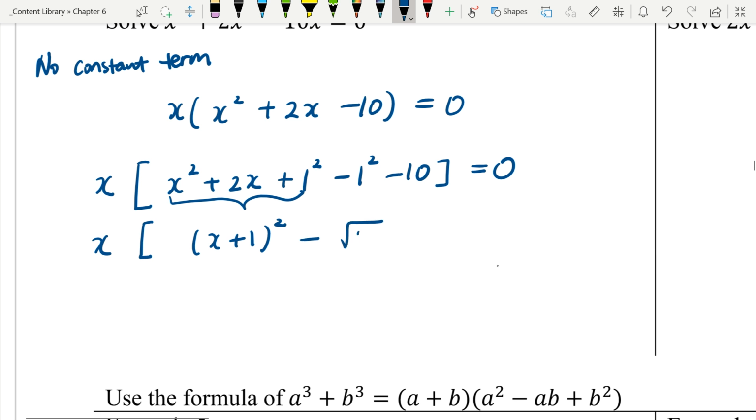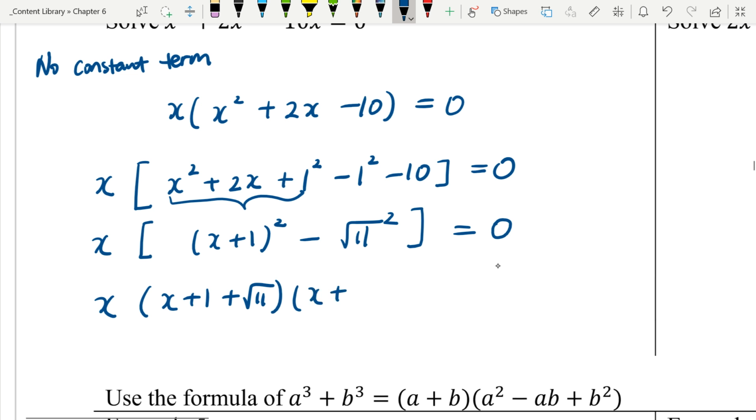So I'll say that's minus root 11 squared, and use the a squared minus b squared form. So x plus 1 plus root 11, x plus 1 minus root 11 equals to 0.